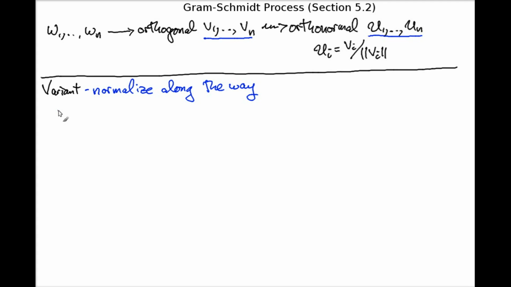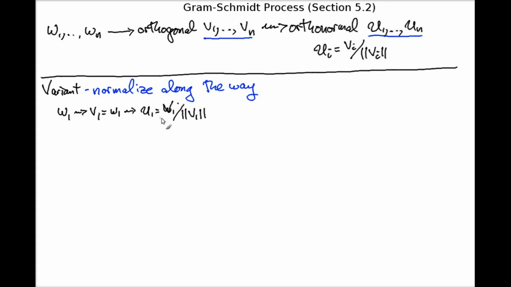So the first step before was to write w1 and then take v1 to be w1, and then take u1 to be v1 over its length.